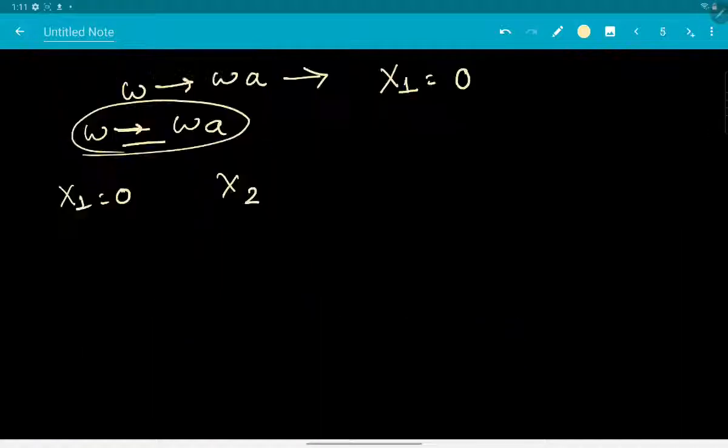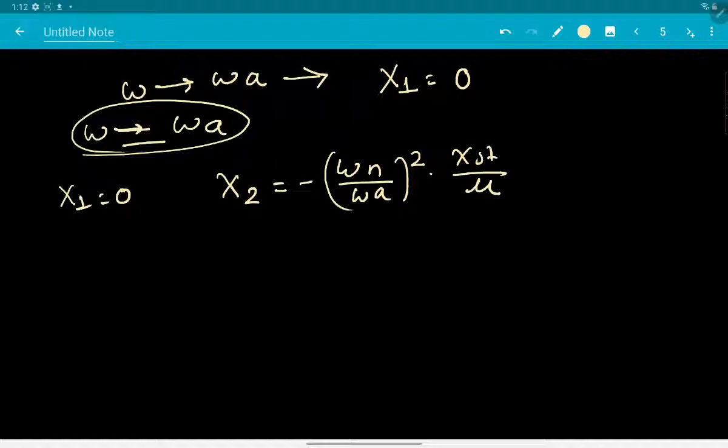If you insert that value, then the amplitude of mass number 2 that you get will be equal to minus of omega n by omega a square multiplied by xst divided by mu. And if you again invoke all these terms and simplify further, you will find that it comes out to be equal to f1 by k2. So x2 comes out to be equal to f1 by k2. Okay, so I'll write it down further.